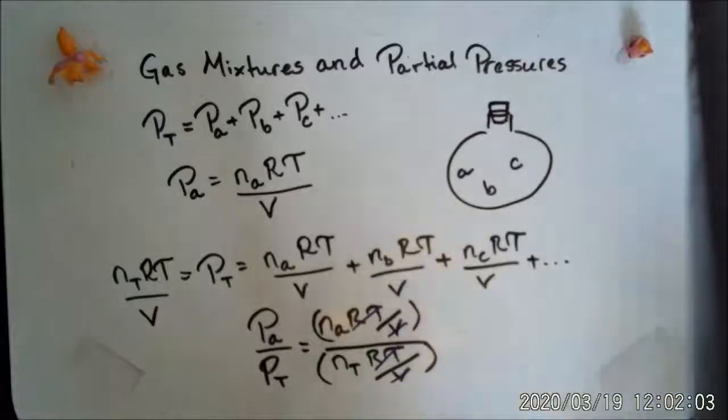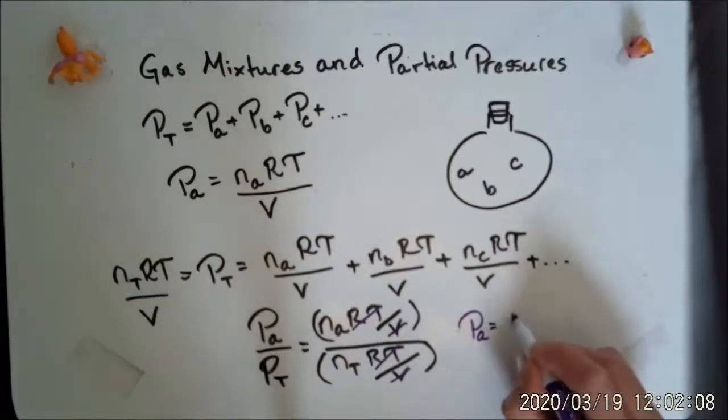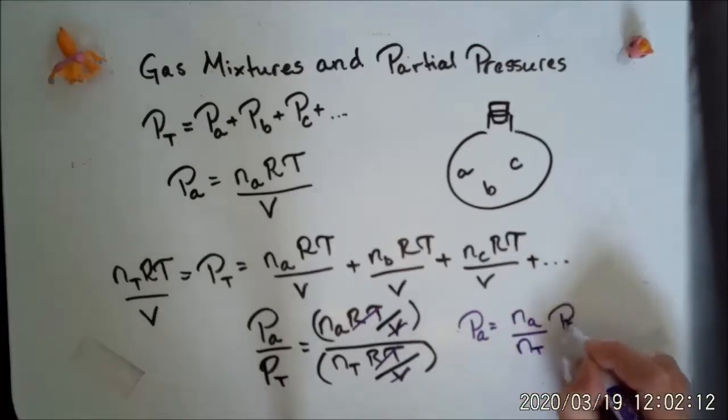It turns out that the partial pressure of A is equal to the moles of A over the total moles of gas times the total pressure.